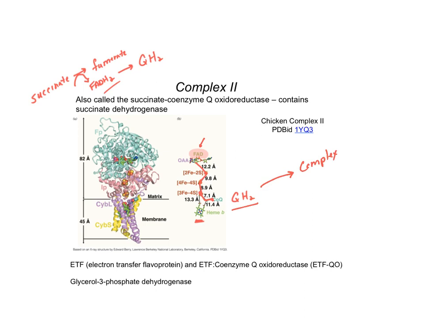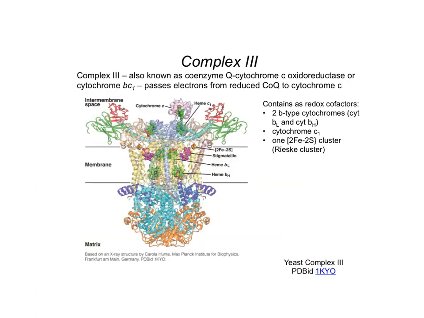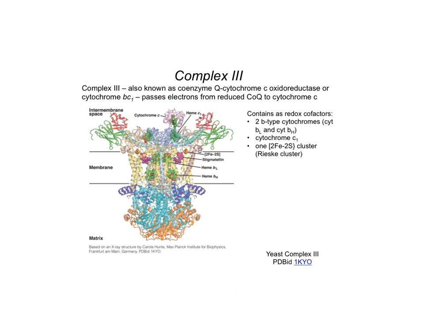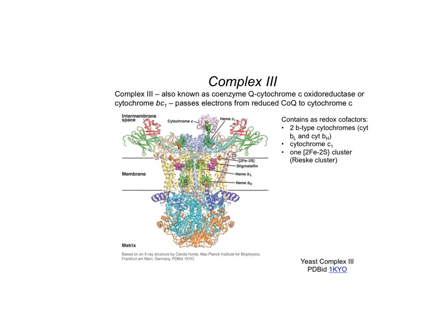Okay, so now we have complex 3. What's going to happen at complex 3? We're going to take these electrons that are now in the presence of ubiquinol and transfer them long-term to cytochrome C. So complex 3 is responsible for taking our coenzyme Q and transferring those electrons to cytochrome C. Just as a note, how many electrons does this reduced coenzyme Q have? 2 at this point in time, right?